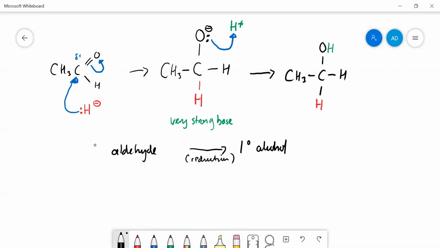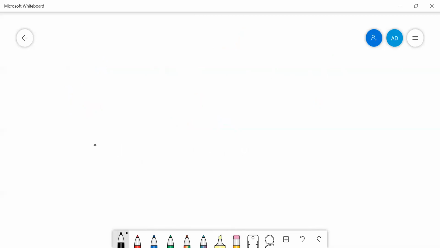Let's see what would happen with propanone. So exactly the same mechanism, right? So CH3. Here is our hydride ion. So that's going to attack that carbon there. The pi bond breaks.